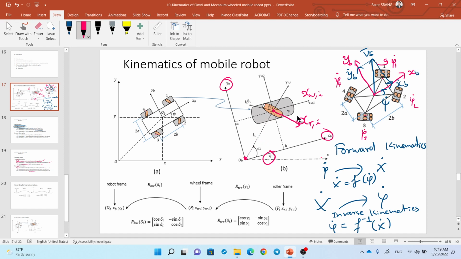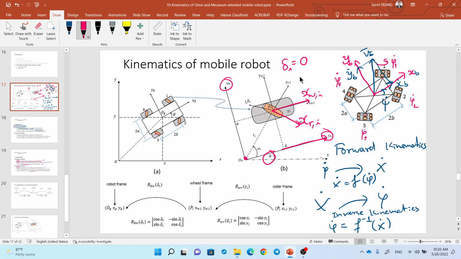And then you have angle delta. You cannot see delta in here. Delta on this mechanism wheel is the angle between the edge of wheel frame with respect to the edge of body frame. So for mechanism wheel, delta equals 0.